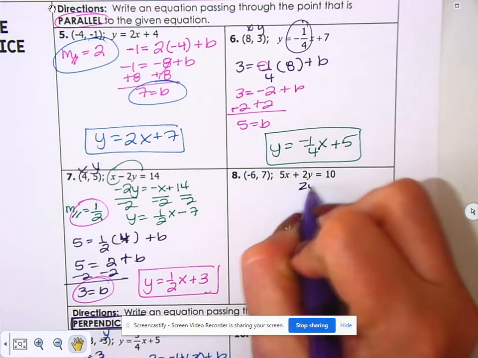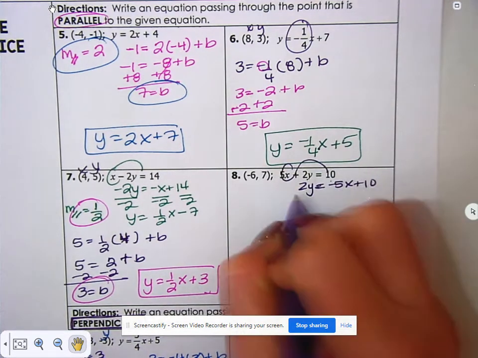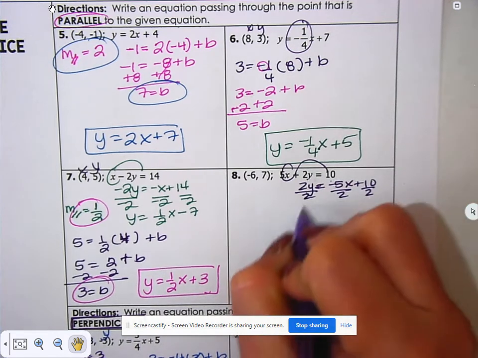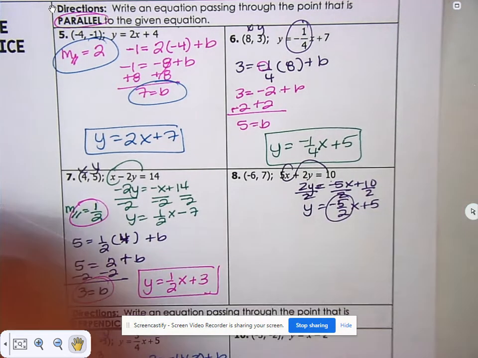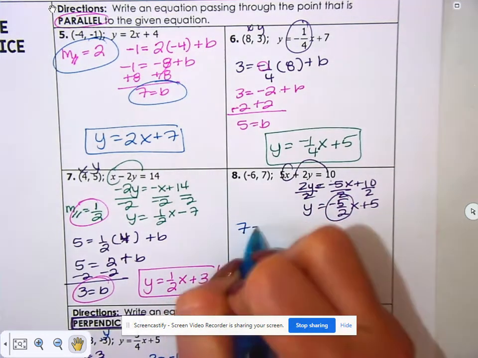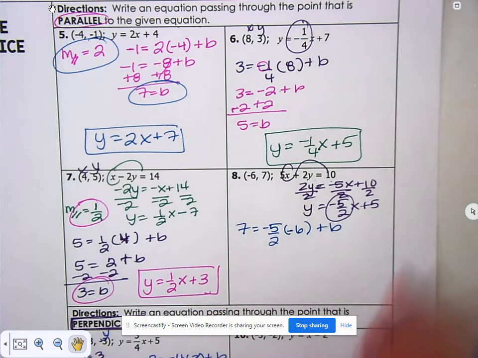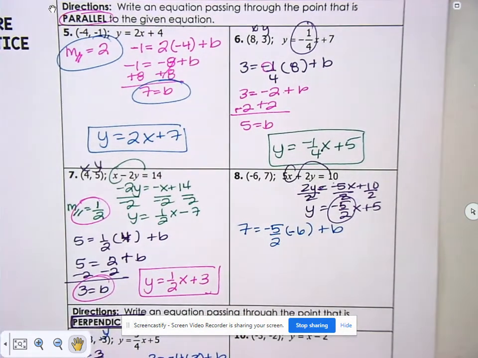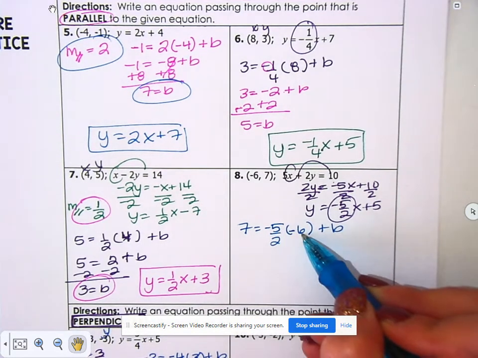You've got to get this one in slope intercept form. Move that 5 over. Okay, so right now we've got -5/2. That's what we're going to use. Our y is 7, -5/2 times -6 plus b. Okay, so let's talk about fractions, which kind of give some of y'all an issue. We're just going to do 5 times 6 is 30.